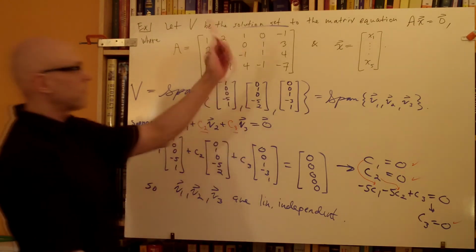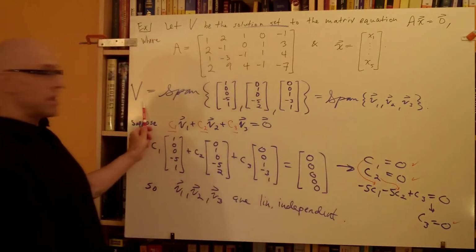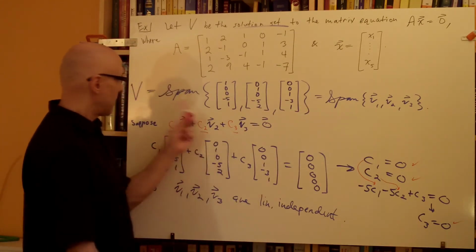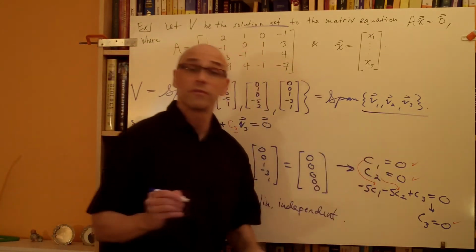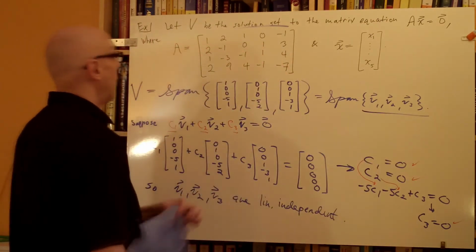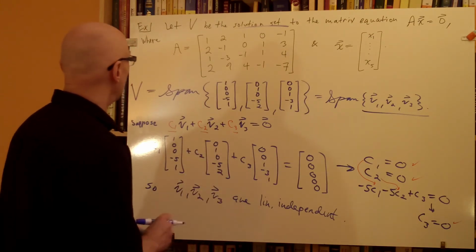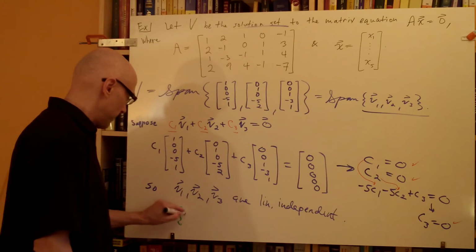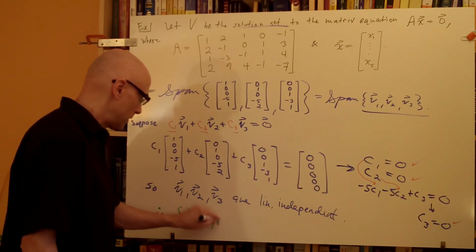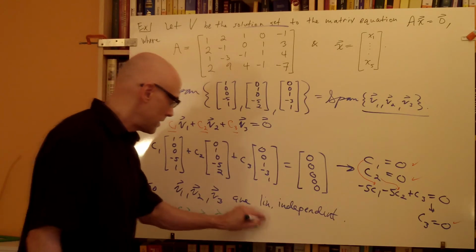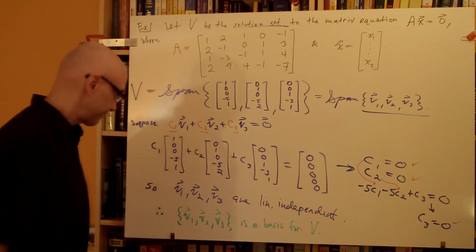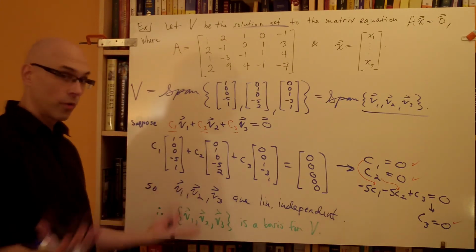Okay, well, the three vectors span V. V is the span of the three vectors. And those vectors are linearly independent. Therefore, this here is a basis for V. Therefore, the set with the vectors V1, V2, V3 is a basis for V. Therefore, the dimension of V is 3.